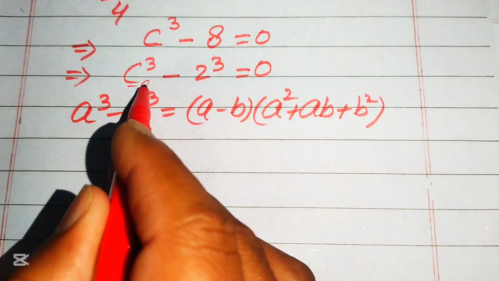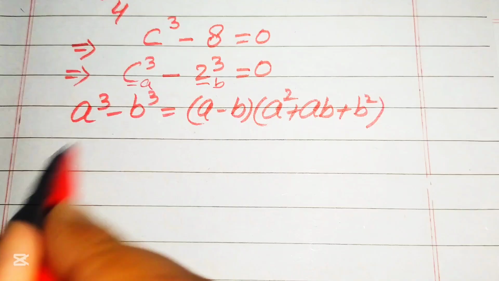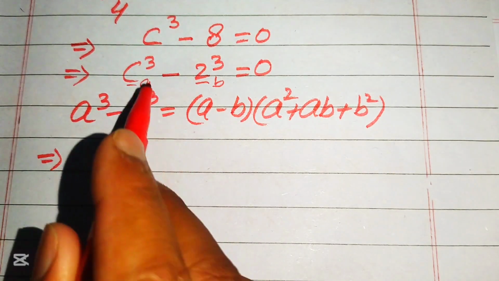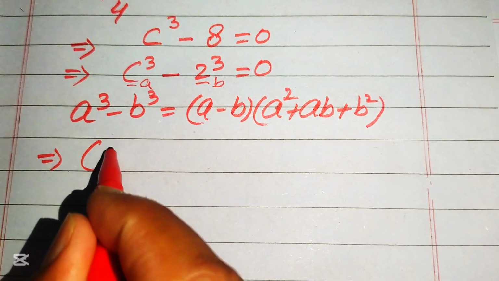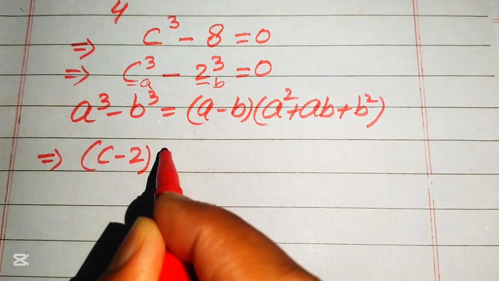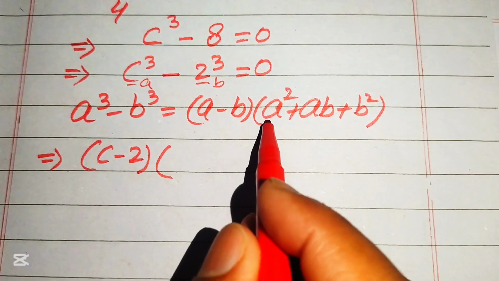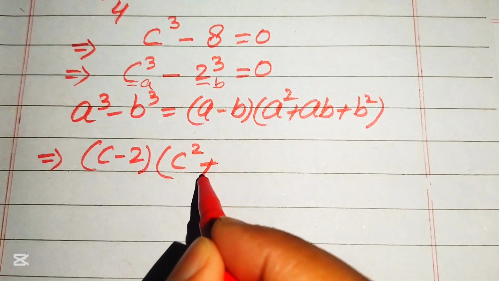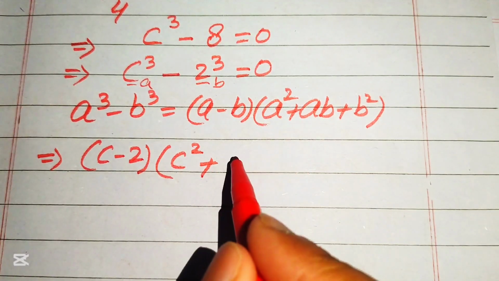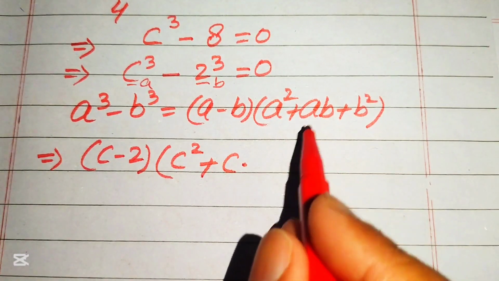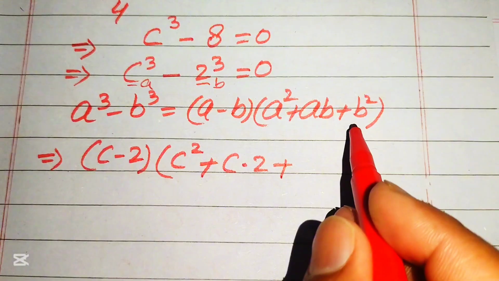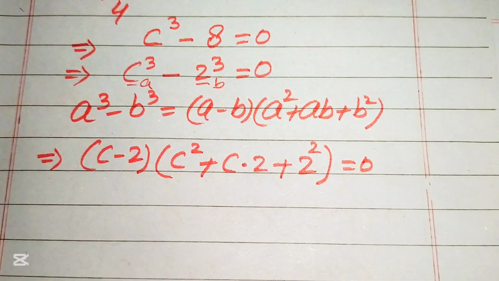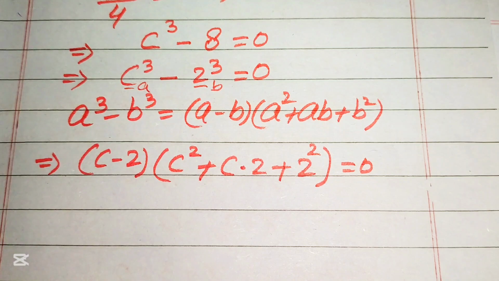Here our a equals c and our b equals 2. When we apply this cubic formula here, it will be written as c minus 2 times c square plus ab, where a is c and b is 2, plus b square, so 2 square, and this whole equation equals 0.